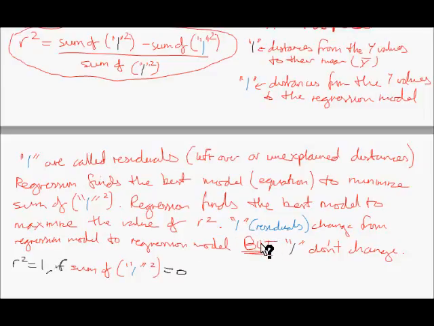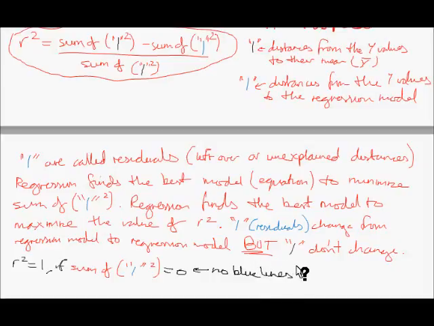If those blue lines squared is 0, there's no blue lines there, then r squared is equal to 1. Because all we have in that case is the sum of the black lines squared over the sum of the black lines squared. And that's exactly the same as no blue lines.